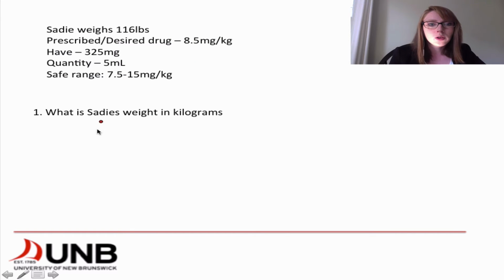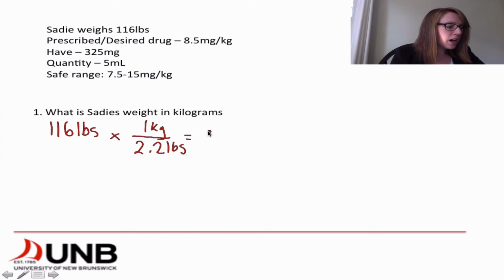Okay, so first off, most importantly, what is Sadie's weight in kilograms? So just like I drew it out on the last one, I'll do it again. 116 pounds. And we know that we're looking for kilograms, so we have 1 kilogram up here is equal to 2.2 pounds.